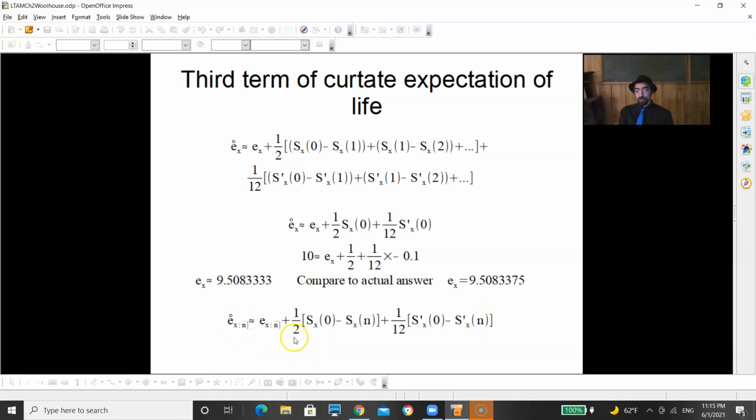And it's only in the limit as n goes to infinity that the survivals at n go to 0. Notice that derivative of survival function for large n should go to 0. Just because when you don't have very many total people surviving that long to begin with, the rate of change should also be 0, or close to it.